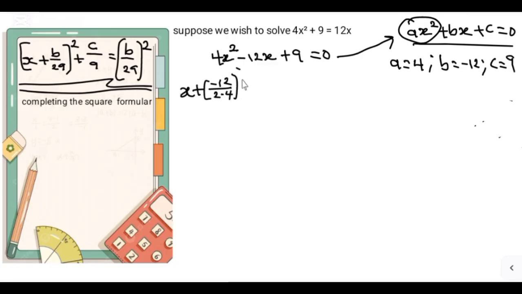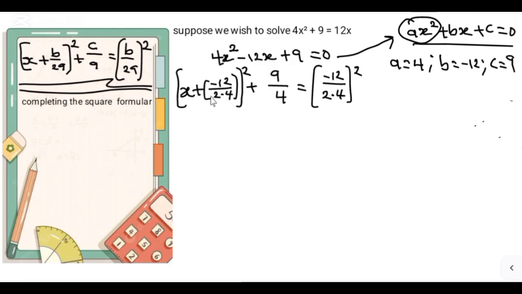We close this bracket, and we also square it. This is what we are following here. Plus, what's our c? Our c is 9. Our a is 4. Equal to, what's our b again? Minus 12 over 2 times 4. These two, we raise them up.